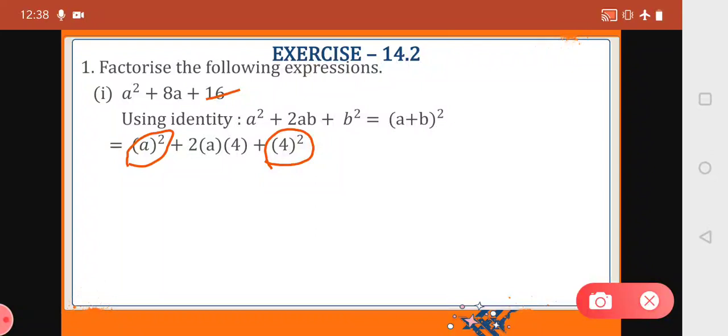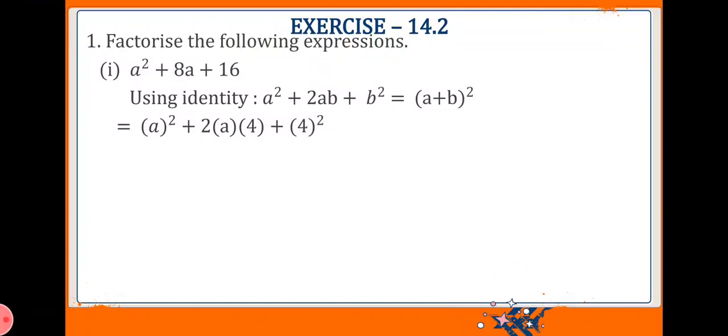Now the middle term, that is 2ab. So here our a is a only and b is 4. So we write 2 into a into 4. That will give 2 4s are 8 and into a. So we get our question back, that is a square plus 8a plus 16. So this is perfect, that we can write equal to a plus 4 whole square, that is equal to a plus 4 into a plus 4.